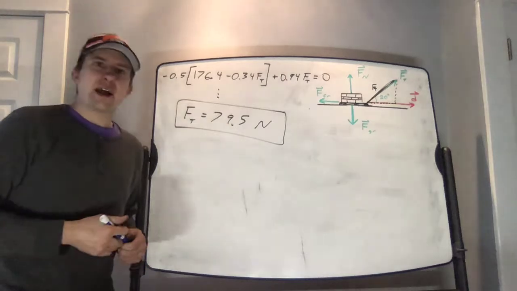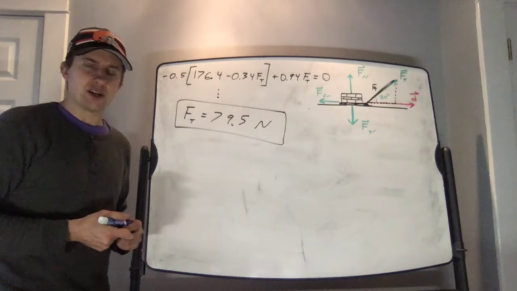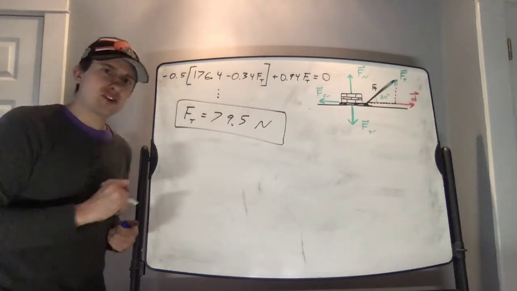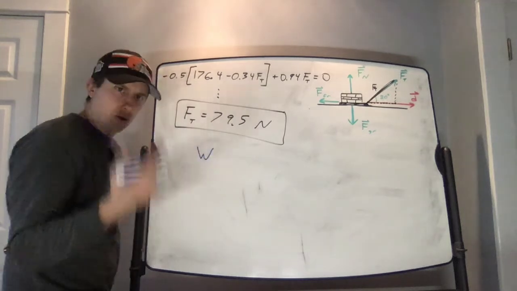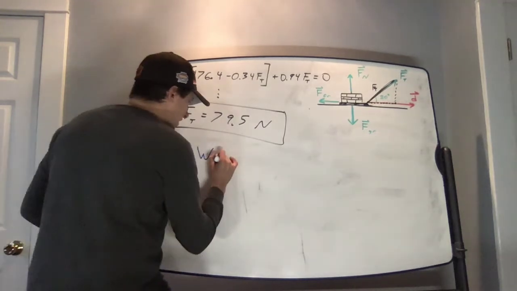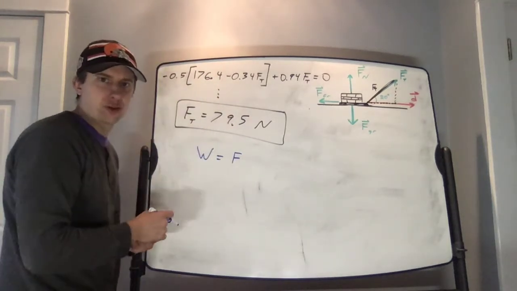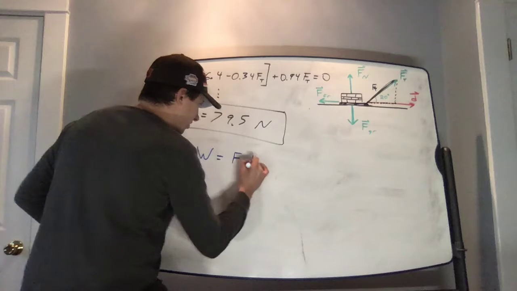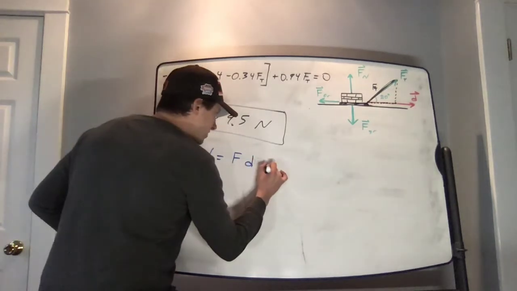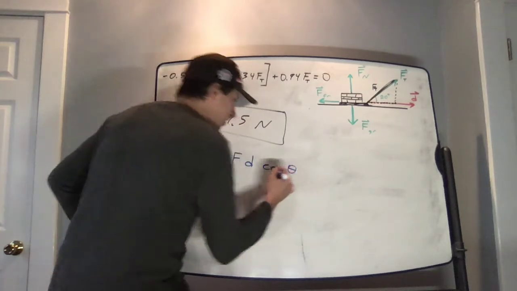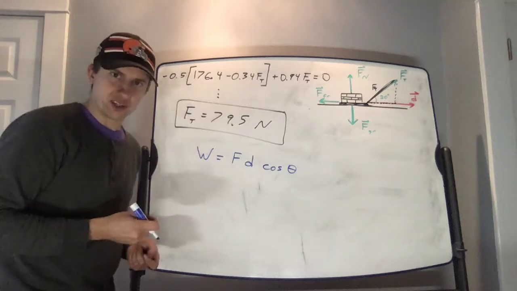We're now asked to find the work done by the tension force when the sled undergoes a displacement of 20 meters. So to answer that question, we said that the work done by a particular force acting on an object is given as the strength of that force, the magnitude of that force in other words, times the displacement of the object, or the distance that the object travels, times the cosine of the angle between the direction that the object travels and the direction of the force we're considering.